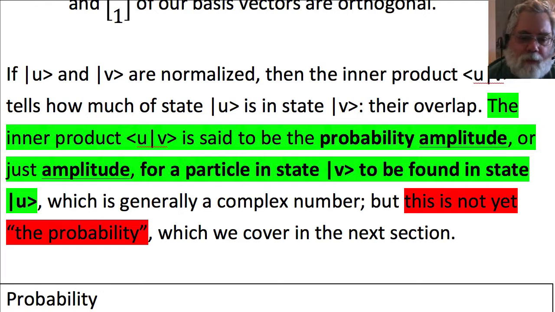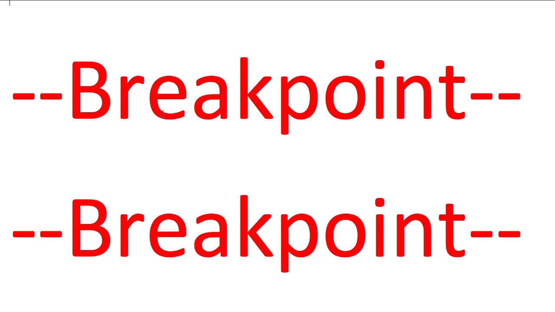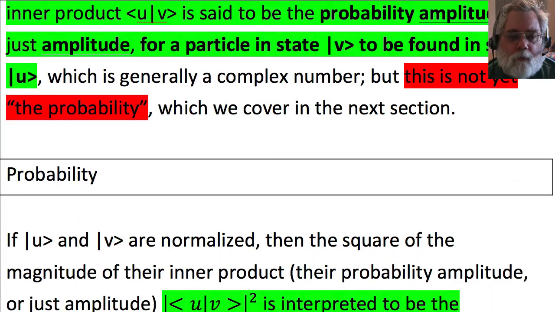But this is not yet the probability, which we cover in the next section. So beware that there's a term probability amplitude, and then there's the term probability, and those are different. And we have to live with that. This is a possible time to take a break.